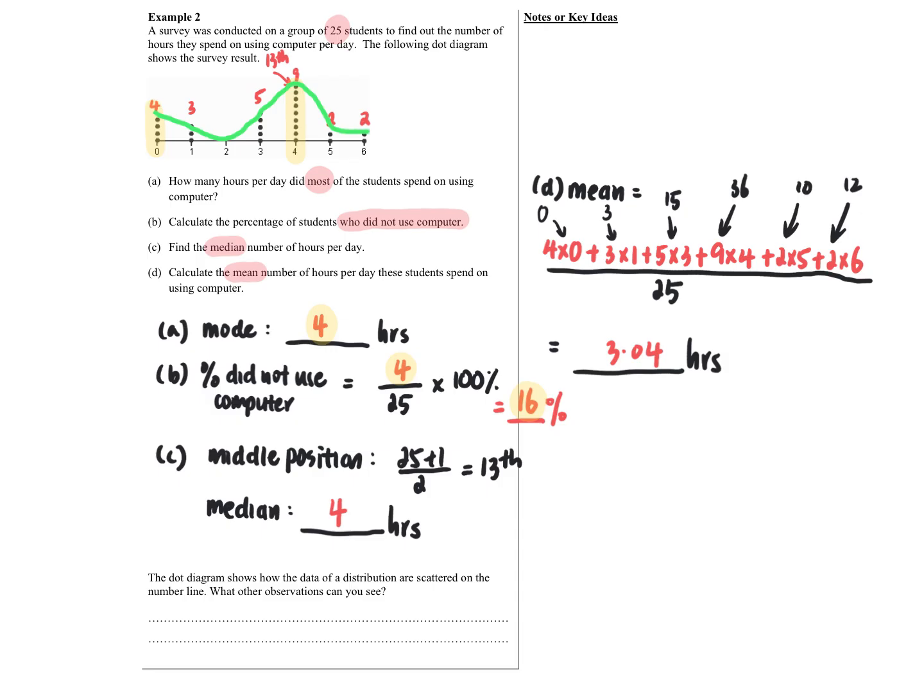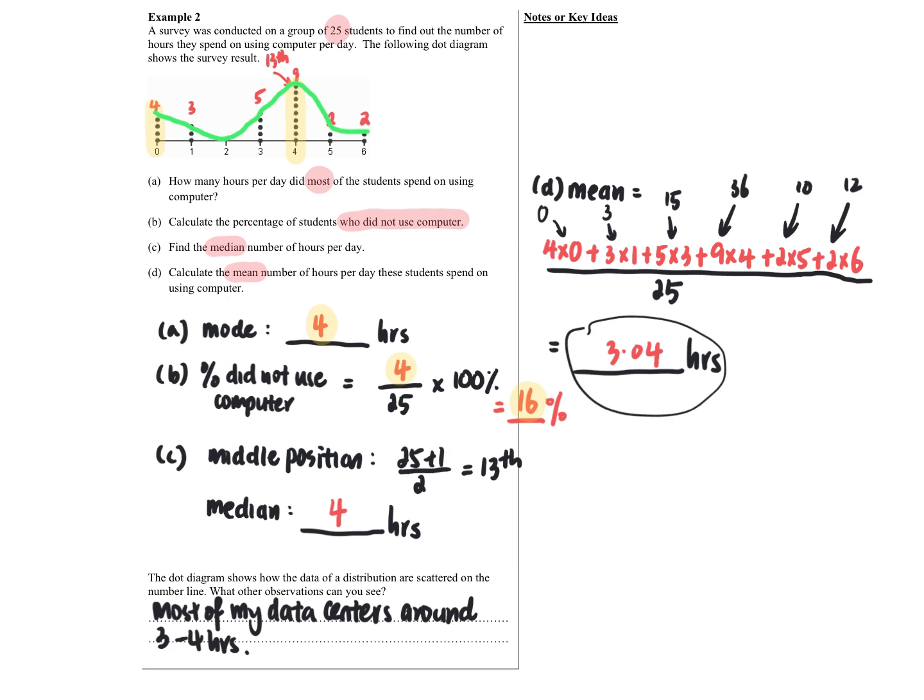it seems to suggest that most of my data centers around 3 to 4 hours, which suggests that most of the people spend about 3 to 4 hours on the computer on a daily basis, which is true because that's the mean calculation.